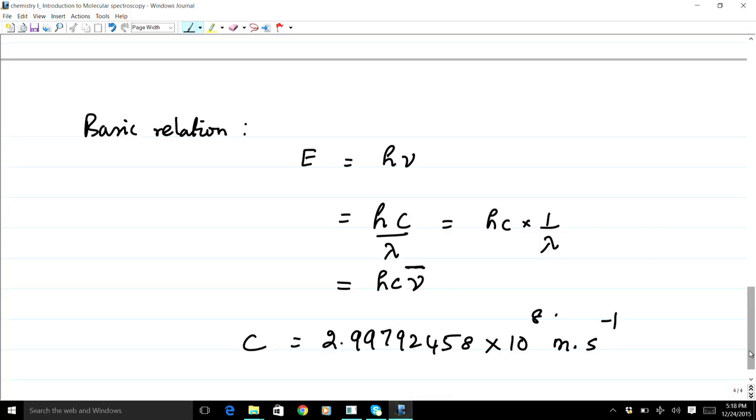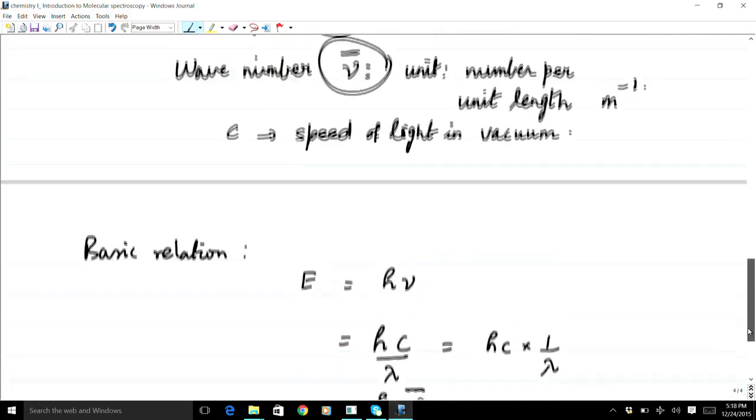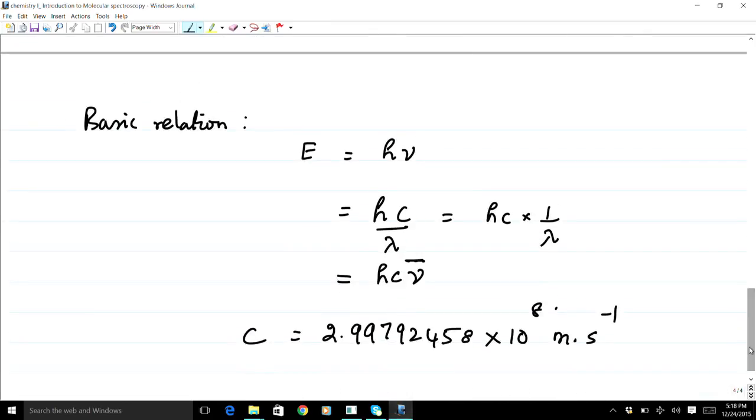That is the speed of light in vacuum, and then the relation between the frequency and the energy of a photon. In Einstein's formulation, the electromagnetic wave is treated as a collection of packets, and the energy of an individual packet, or photon, is given by h times the frequency, where h is of course Planck's constant.